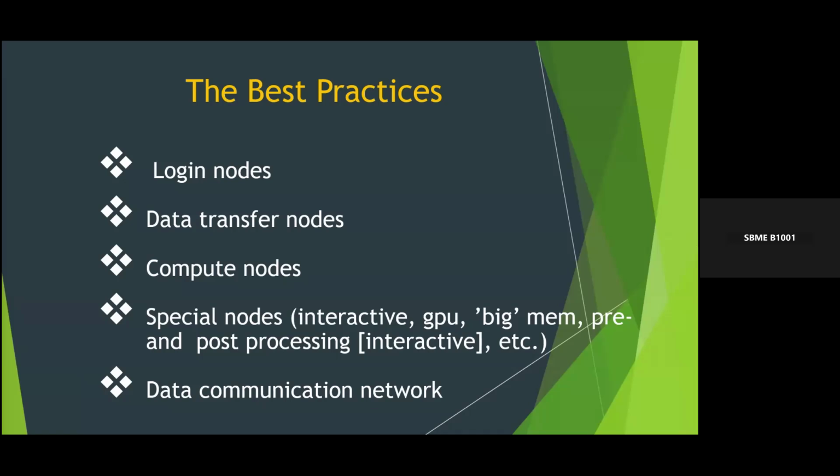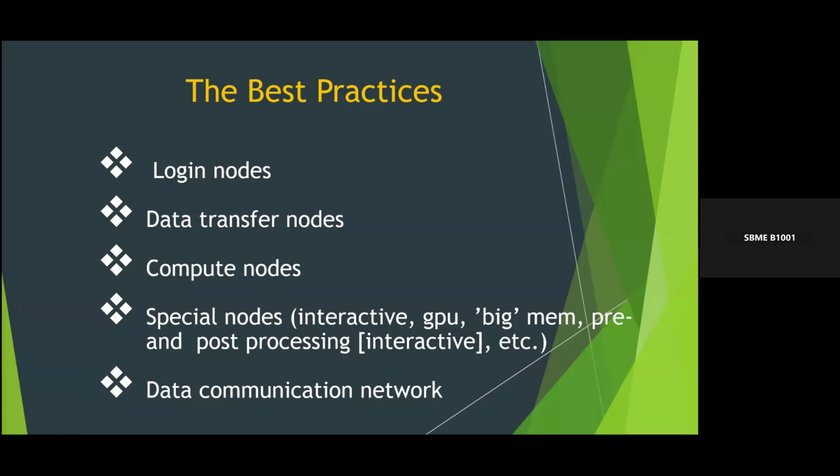For compute nodes, when you are writing your job script, we will be talking about this in a moment, be effective. If you know that your code needs only one core and 5 gigs of memory, ask for that.